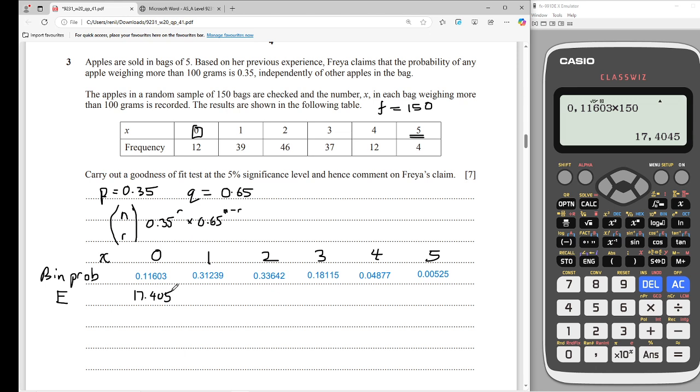So we can have it like 17.405. But then again, our value isn't entirely accurate, so I would suggest doing the entire thing again. We can just put 5 combination 0 times 0.35 to the power 0 times 0.65 to the power 5. This should give a more accurate value, so times 150, and this gives us 17.404.